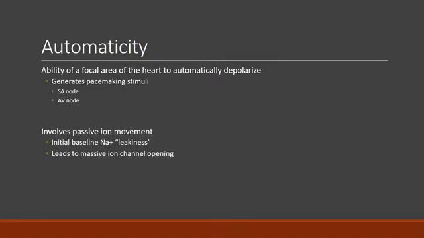So remember, your ATP pumps are going to pump the sodium out, but these leaky channels allow that sodium to permeate back in. Once we hit our firing threshold, we're going to see a massive wave of depolarization occur. That's going to be triggered by all of the sodium ion channels opening and allowing all the sodium to come in very, very quickly.